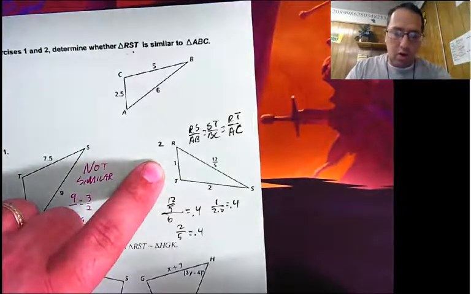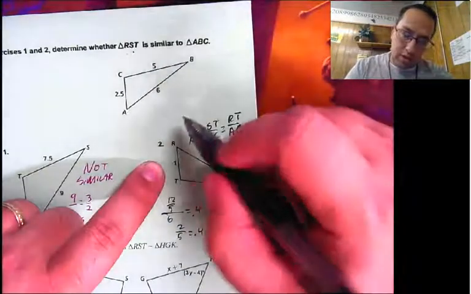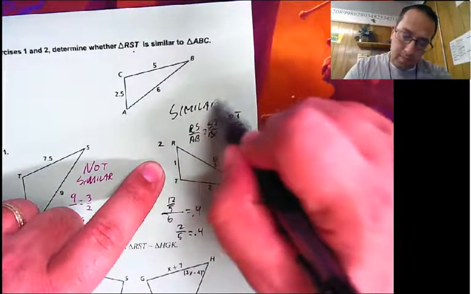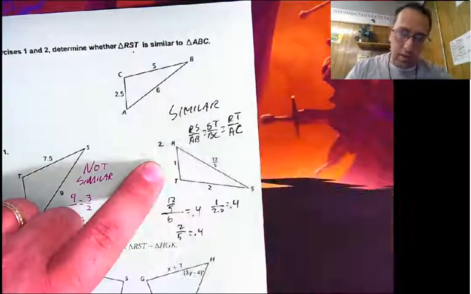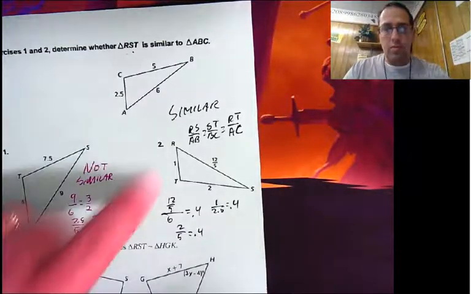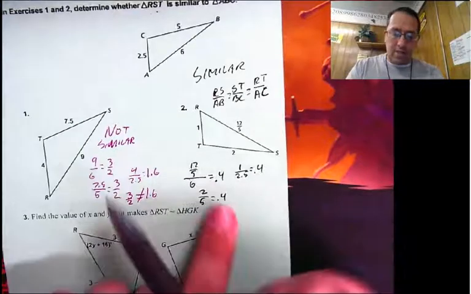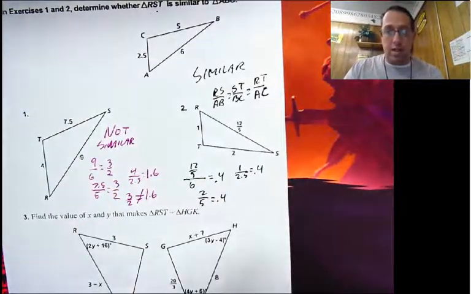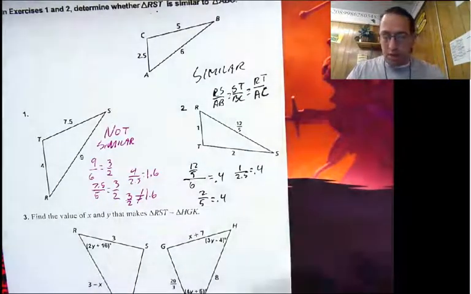And since that all works, this is similar. Number 2 is going to be similar. All right. So there it is. All 3 sides have to match up. Having 2 sides proportional, that's nice, but it isn't going to cut it. You got to have all 3.